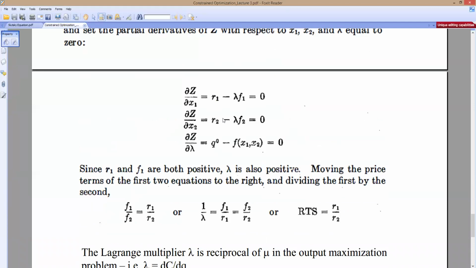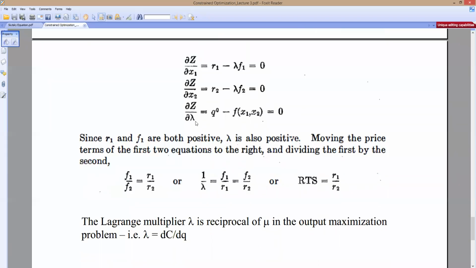Okay. And then if we take the derivative with respect to x2, that is del square z by del x1 del x2, it will be minus lambda f12. Del square z by del x2 square, that will be minus lambda f22. And by Young's rule, you will get the same expression, minus lambda f1 f2 or f2 f1, same thing.